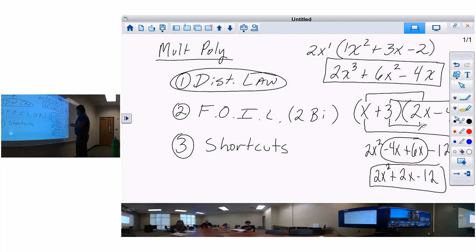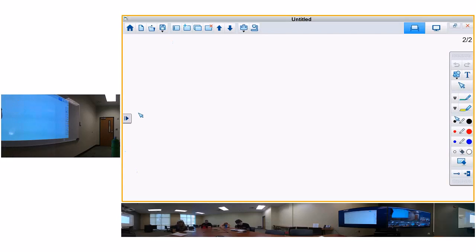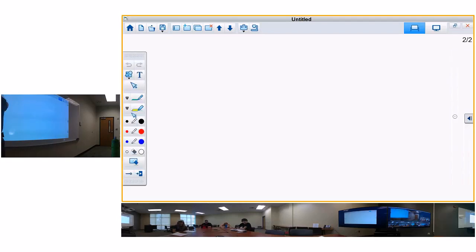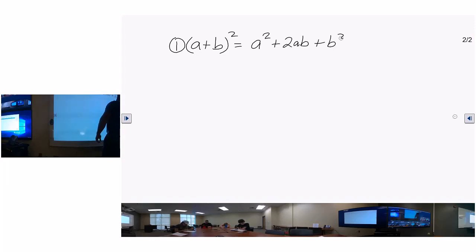Now let's go to the shortcuts. The shortcuts are, number 1, A plus B, quantity squared, is equal to A squared plus 2AB plus B squared.